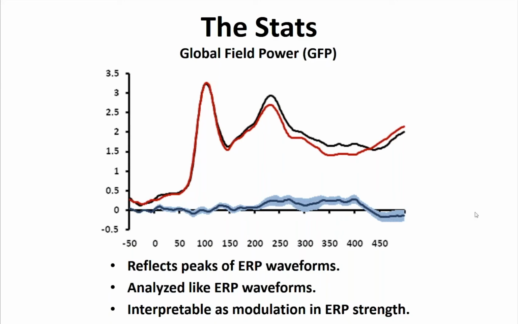So this is microvolts as a function of time, and you can look at this statistically in any way that you're accustomed to. It's interpretable as a modulation in the strength of the response. Now, the strength of the response can modulate either because it's more synchronous activity, more specific activity, or less specific activity, and I can't draw direct mechanistic inference about that, but I know that it's a stronger versus weaker response.